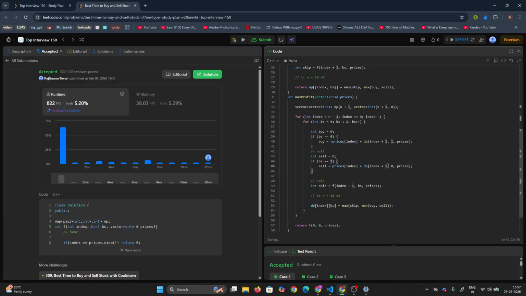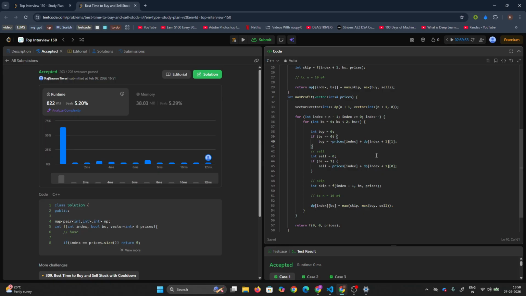Dp of index plus 1. Yeah, so this is the very simple way from which you can convert any recursion to dp.